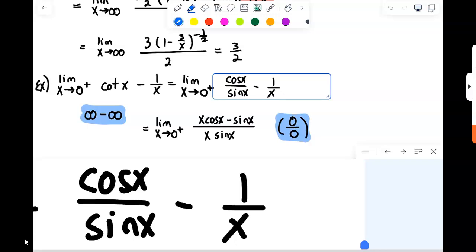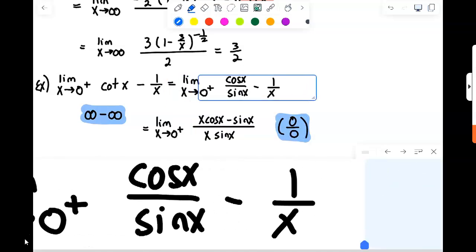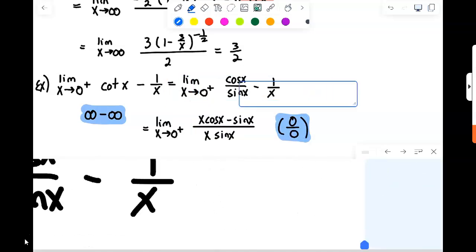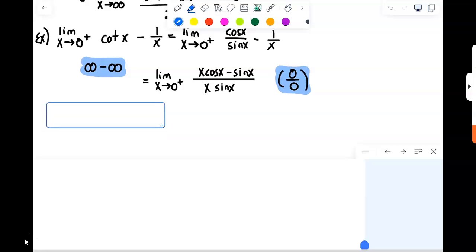Hoping that when it's written that way, we'll now have something that we can work with. And so here we have a 0 over 0, so we use L'Hopital's rule and take the derivative.